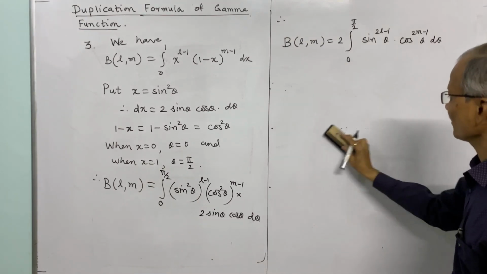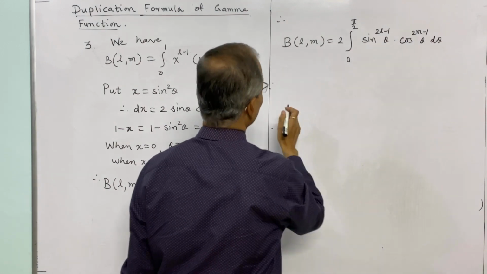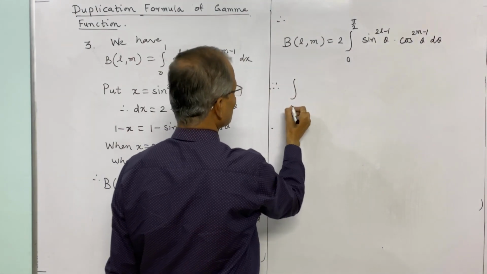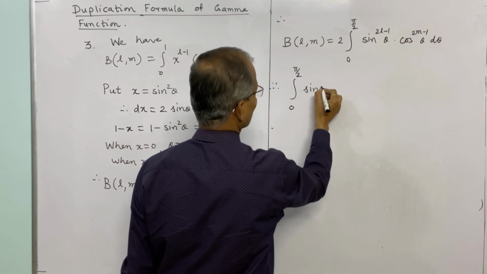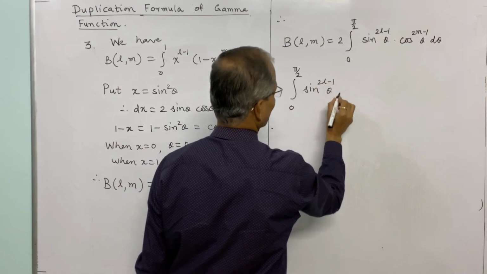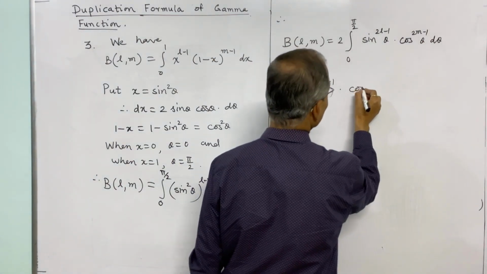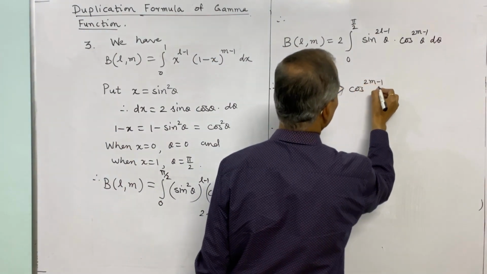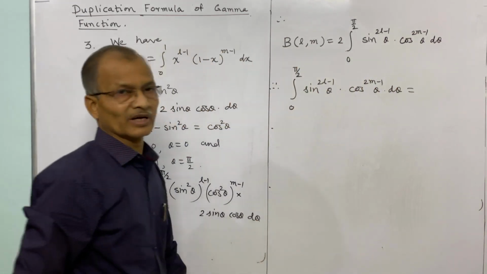And therefore we have the result: this integral 0 to pi by 2 sine theta to the power 2L minus 1 into cos theta to the power 2M minus 1 into d theta is equal to half of beta function.